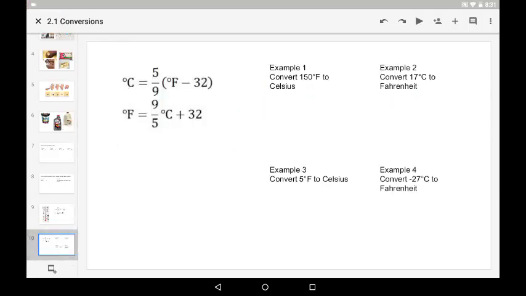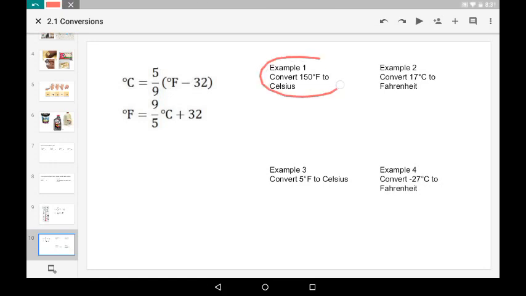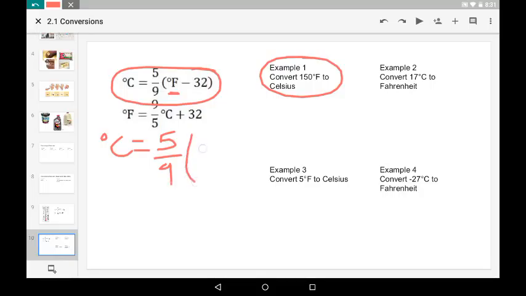So here's a couple of examples. We're converting 150 degrees Fahrenheit to Celsius in the first example. So if we know our Fahrenheit, we're going to use this equation over here and solve for Celsius. So the first step that you would do is you write down your formula, and then you plug in your numbers as your second step. 5 over 9, then we have 150 minus 32.